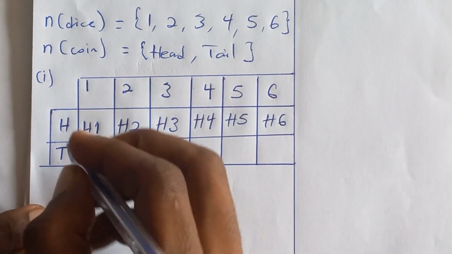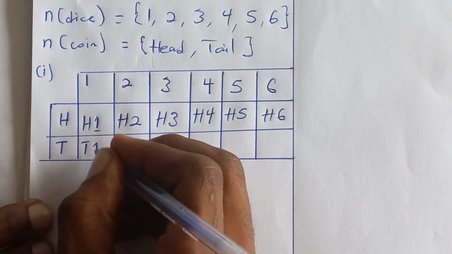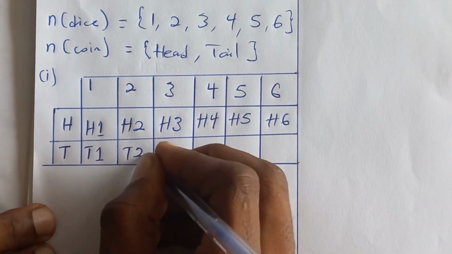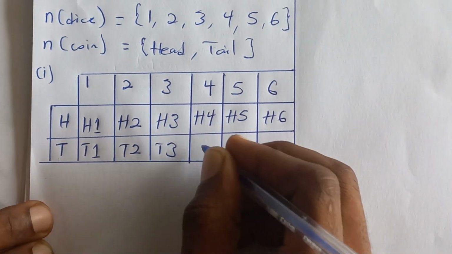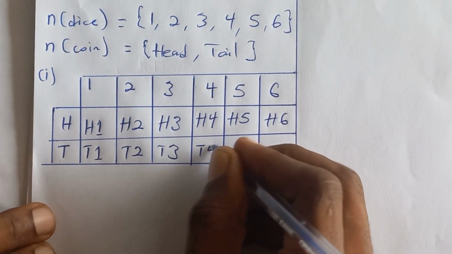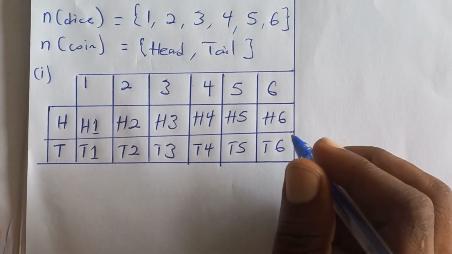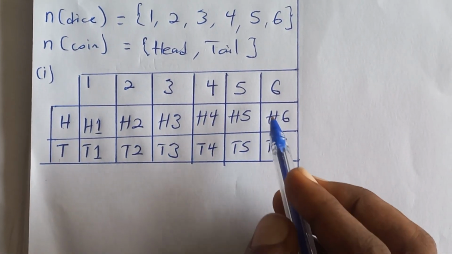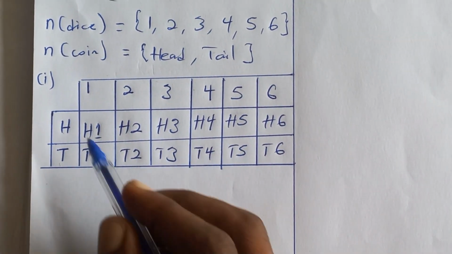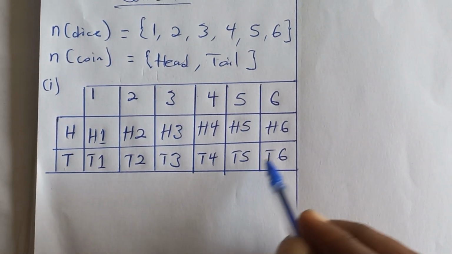You can also get tail and 1, tail and 2, tail and 3, tail and 4, tail and 5, and tail and 6. So these are the possible outcomes.